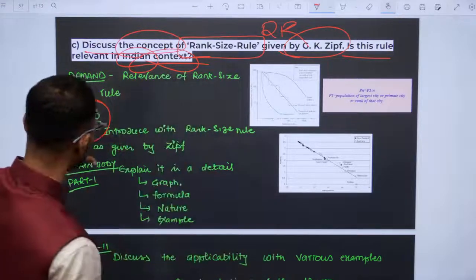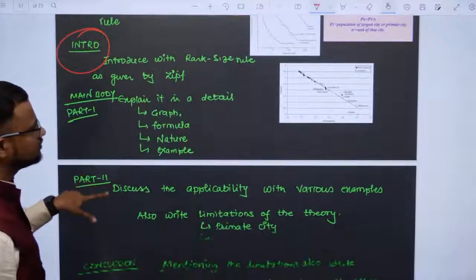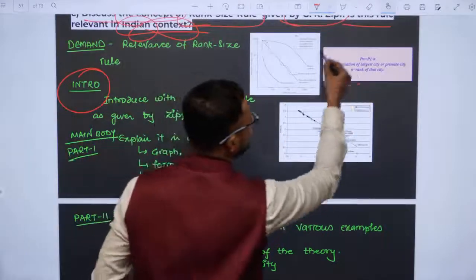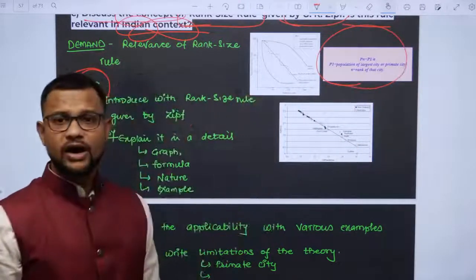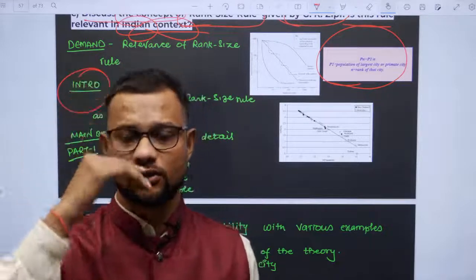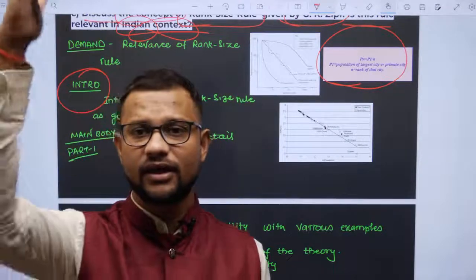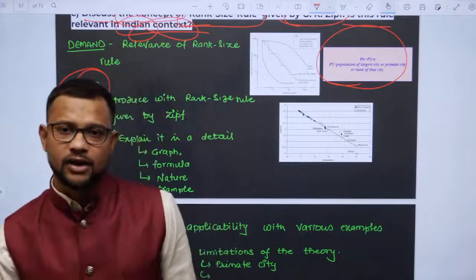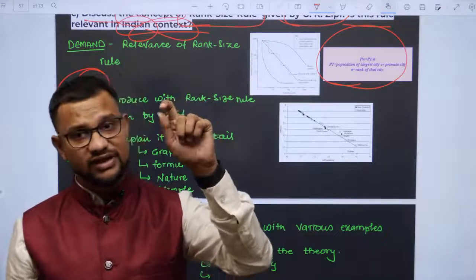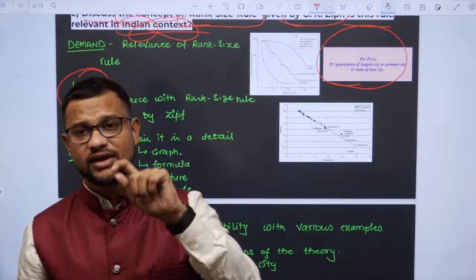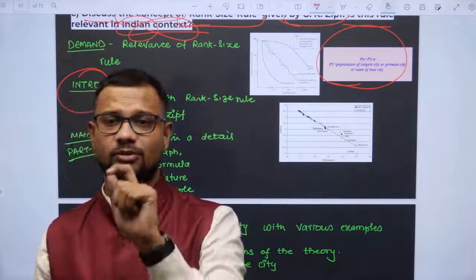Like, say, Zipf. Now what is the core idea of Zipf? According to him, if you arrange the cities of the world, or any region, in incremental order, the population of the city of rank n is 1 by nth of the population of rank 1.